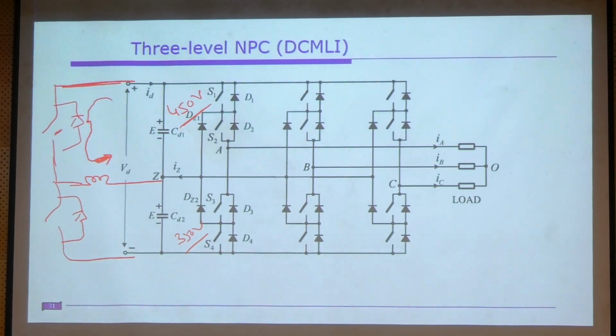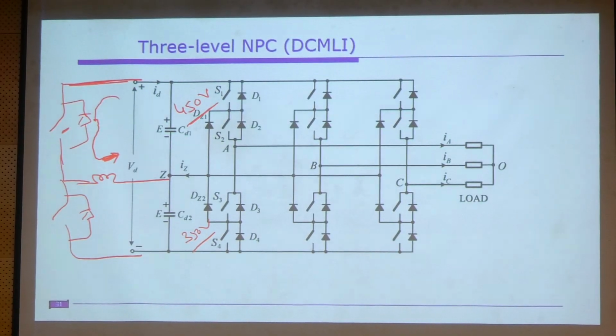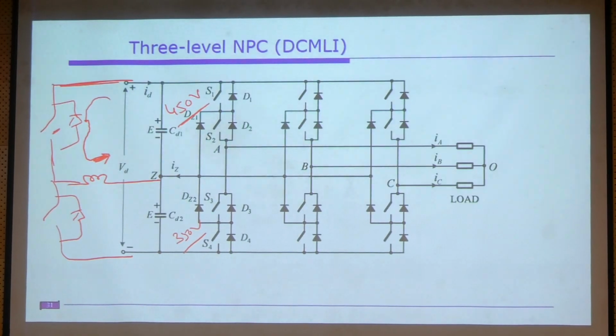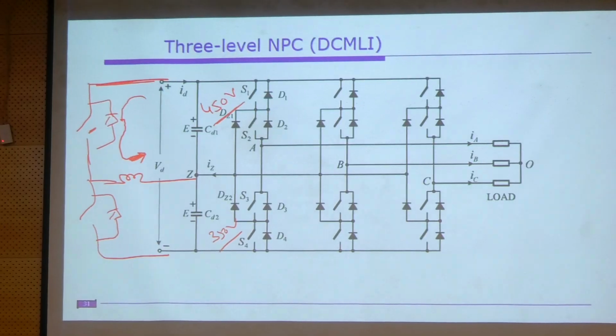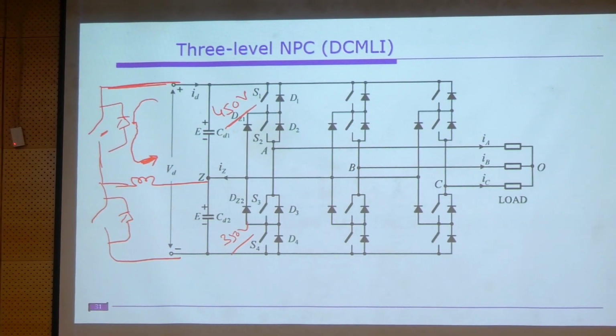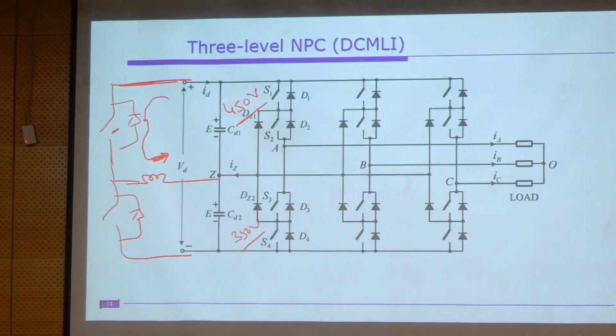How long do you turn it on? Until this capacitor voltage is reduced to 400 volts. That means the excess charge inside that capacitor is transferred to the inductor. Understood?